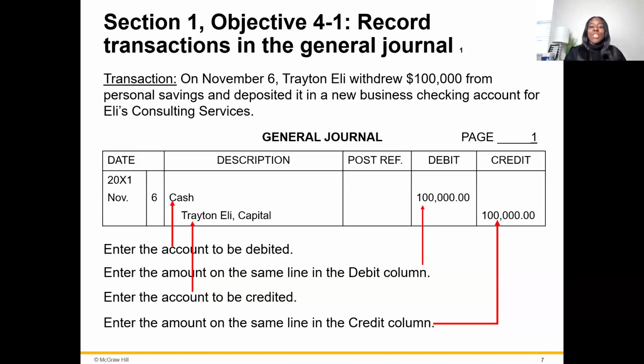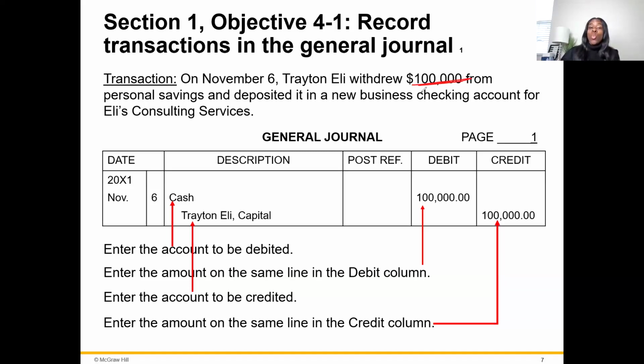First of all, we have to determine what accounts are being affected. The first account is cash, because we see that Eli withdrew $100,000 from personal savings. Now this doesn't say cash, but when it says he deposited into the new business checking account, we know that we deposit cash. We can't deposit rocks in a checking account, can we? So that's the first account.